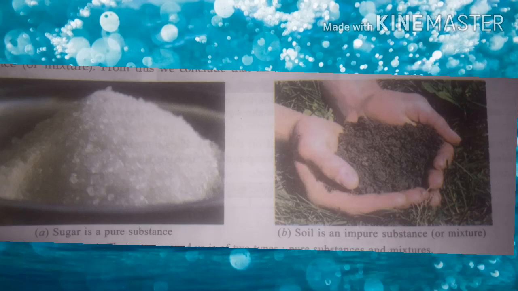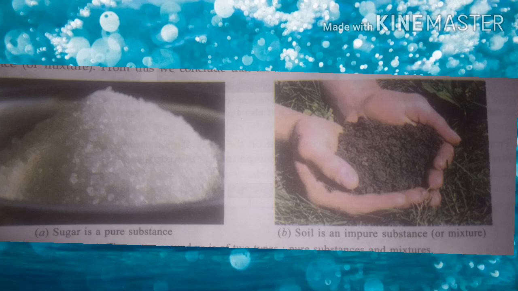If we observe some sugar and some soil placed on two different sheets of paper with a magnifying glass, we will find that the color, shape, and size of all the particles of sugar are the same, but the soil contains particles of different colors, shapes, and sizes.